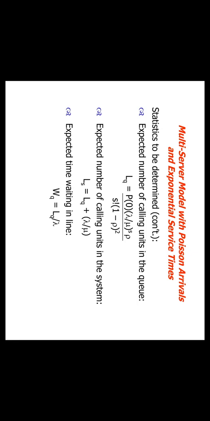Then you have the expected time waiting in line, W sub q is equal to L sub q over lambda. And the expected time in the system, W sub s is equal to W sub q plus the quantity 1 over mu. Okay. For this particular queuing model, you have to be very careful in solving for your P of 0. Why?